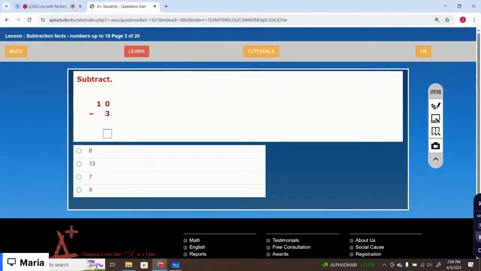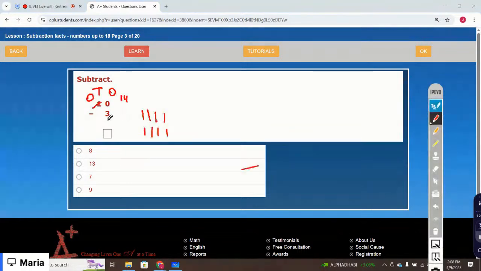Subtract 10 take away 3. You cannot subtract 3 out of 0, so you need to borrow 1 that makes it 10.